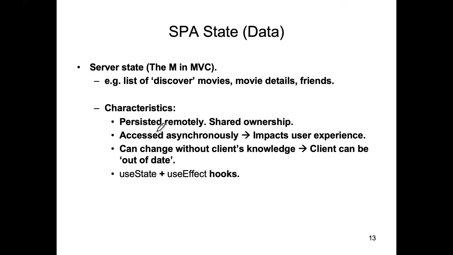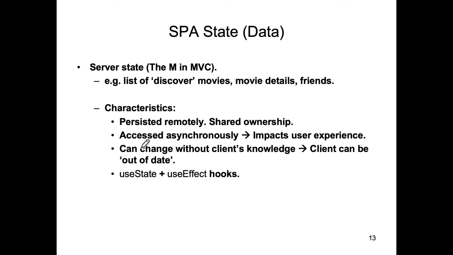The accessing of that data is asynchronous, of course, because it has to go across the network. That can impact the user's experience. If there's any kind of network delay, we get a consequence from the user's experience point of view. It can also change without the client knowing.